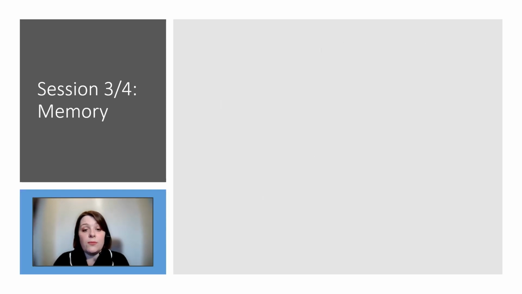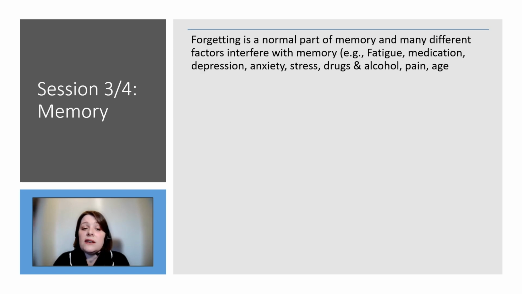When we spoke about memory, we also discussed that forgetting is a normal part of memory, and many different factors interfere with memory. Some of the reasons that we discussed that can interfere with memory were fatigue, medication, depression, anxiety, stress, drugs and alcohol, pain, and age.